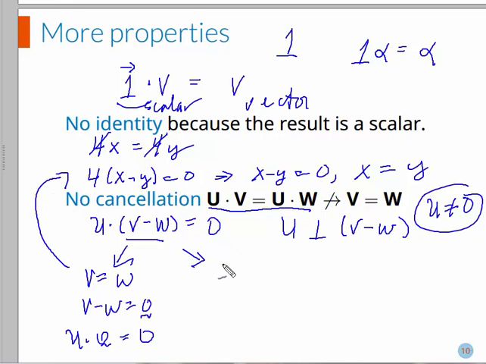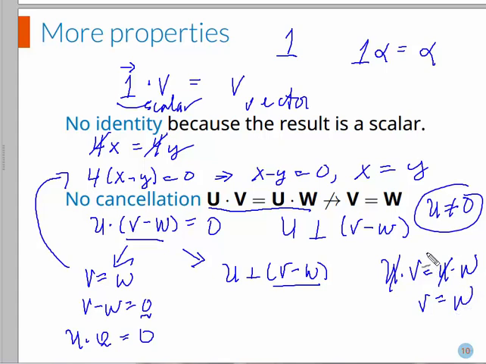We can have u perpendicular to v minus w, and this can be any vector that's perpendicular to u. If we could cancel, it would look like this. Cancel those, and we would have v equal w, but that is not the case because there's no cancellation, because there is no unique 0, right? Unique vector that gives a 0 result to dot product.